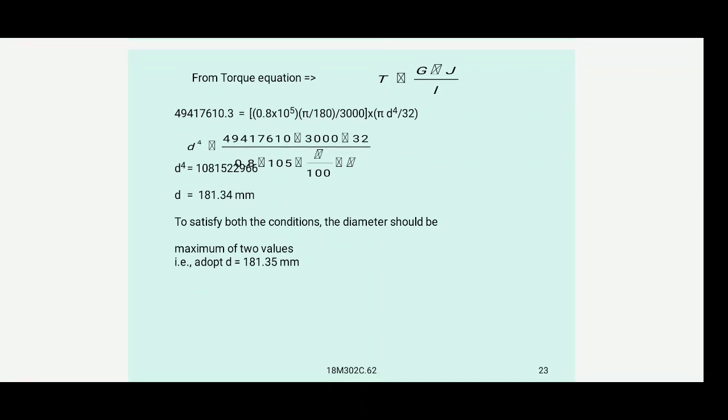From the torque equation, capital T is equal to G theta into J by L. That gives D is equal to 181.34 mm.